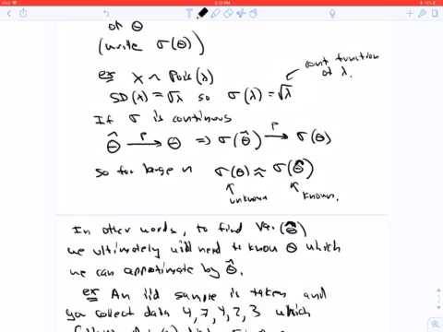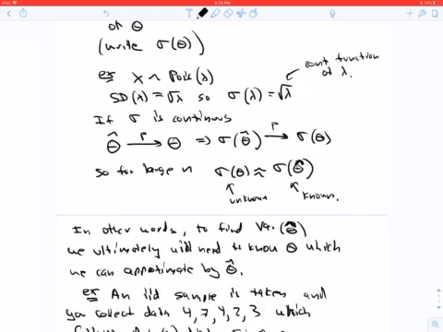Now, if sigma is continuous, then as your estimator converges in probability to theta, which we know happens for a MoM estimate because it's consistent, then sigma of theta hat will converge in probability to sigma of theta.